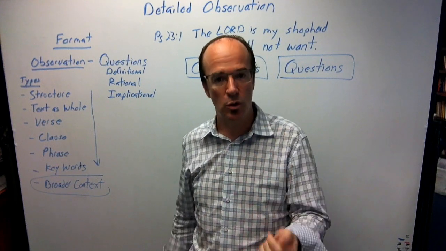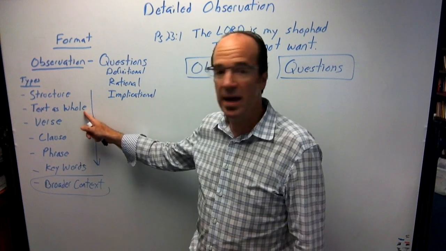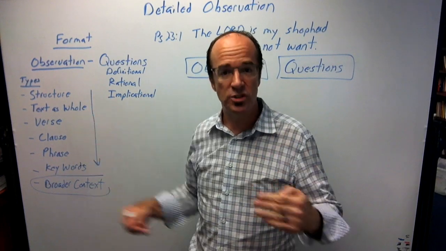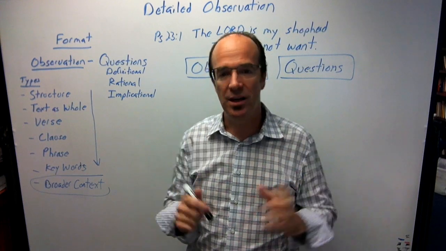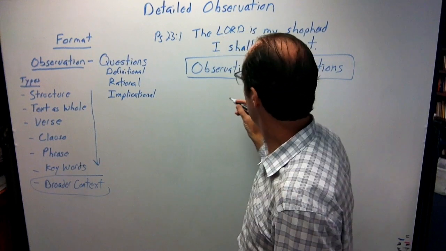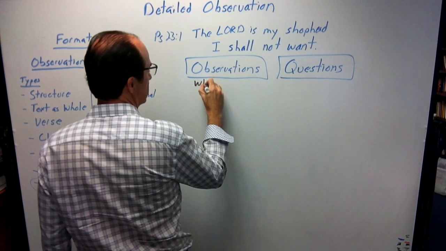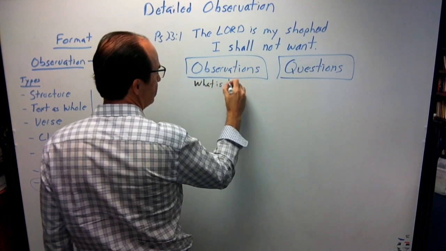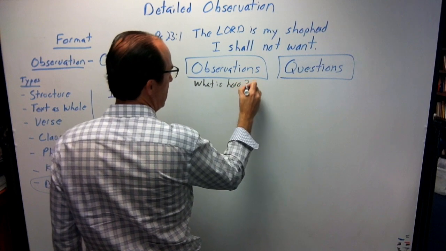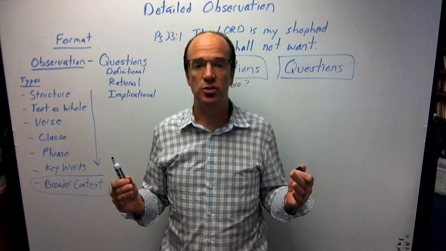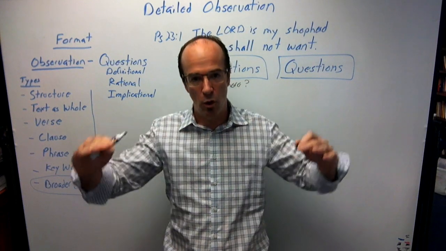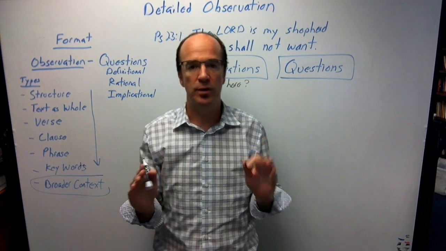Then make general observations. Remember, what's an observation? You're trying to ask the question, what is here? So I might even put that over here. What is here is our guiding question, okay? So make some structural observations and then make observations about the text as a whole. What can you say about the whole forest that you're observing?